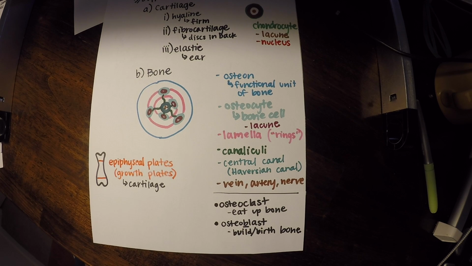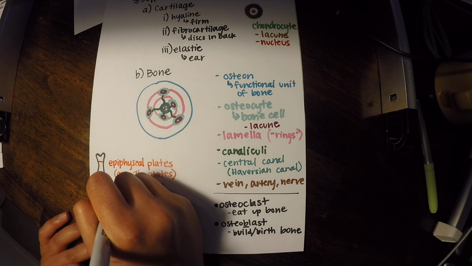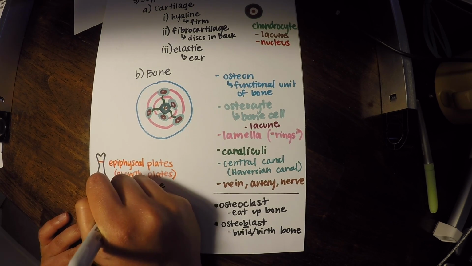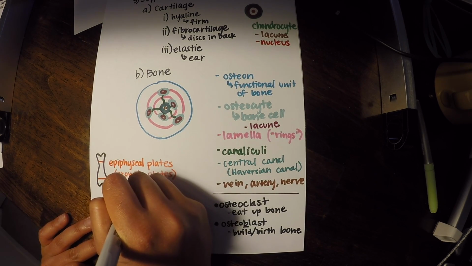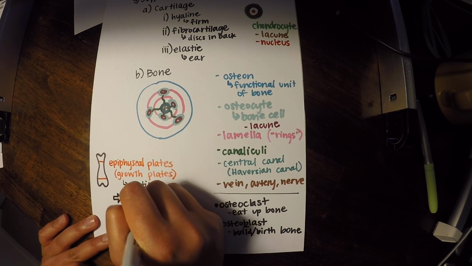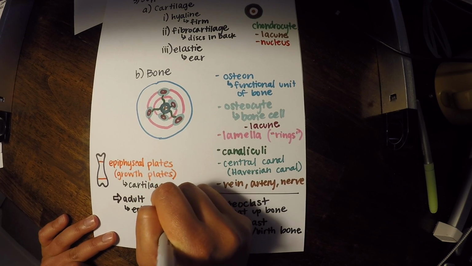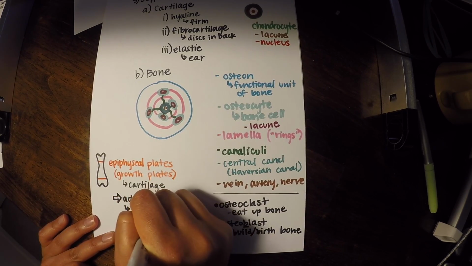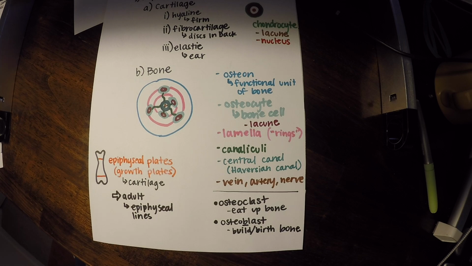They're actually going to turn into something called epiphyseal lines for adults. So I'm just going to draw an arrow, and then once you're an adult, it turns into epiphyseal lines, which you can see in x-rays and stuff like that. But I just want to point out that that is no longer cartilage, that the cartilage has finished growing and it's just sealed off. So they just look like little lines in adults.